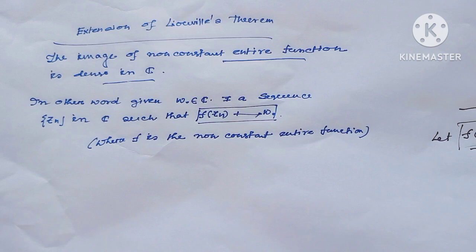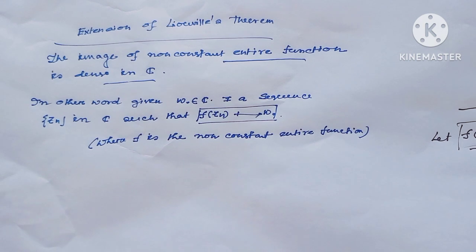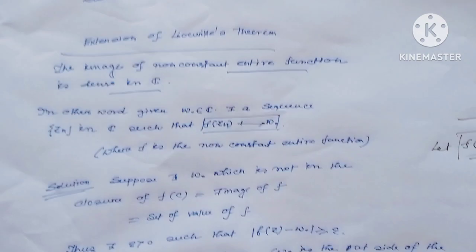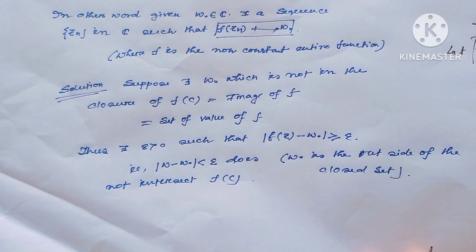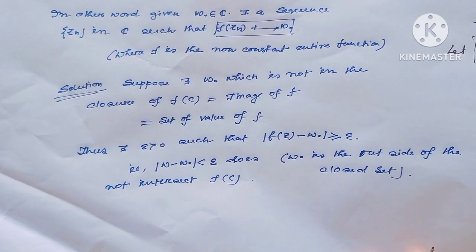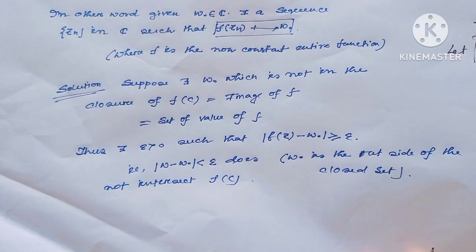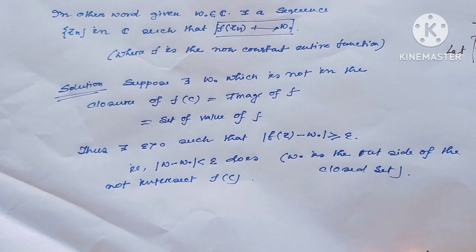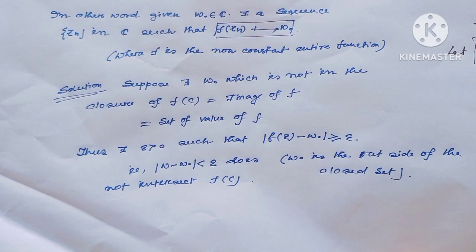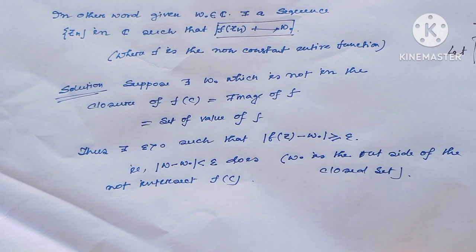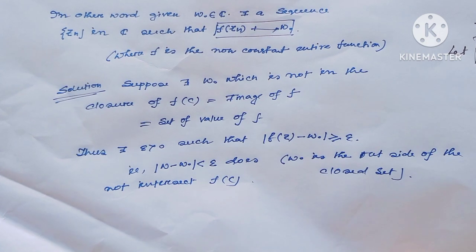And this type of question I had actually discussed in my previous video, but here I will prove it by contradiction. Suppose there exists one w naught which is not in the closure of f(C). That means it is not in the image of the function. Image of the function means the set of all values of the function.